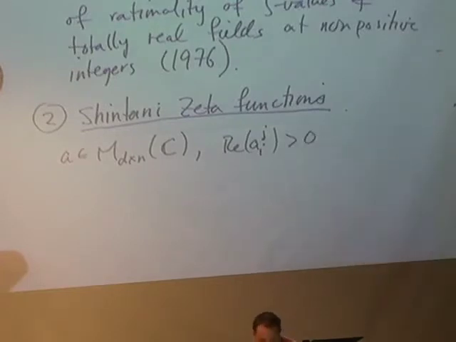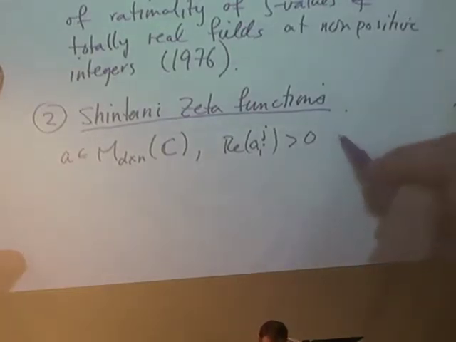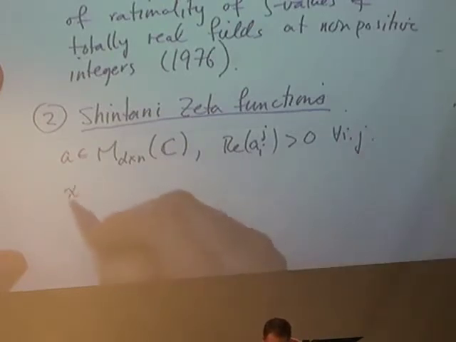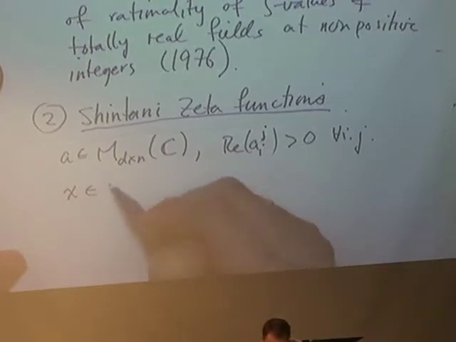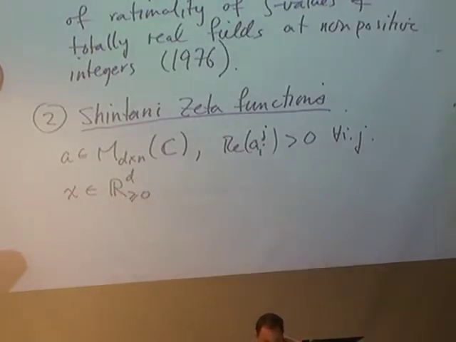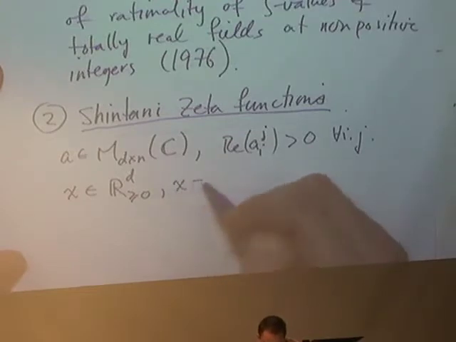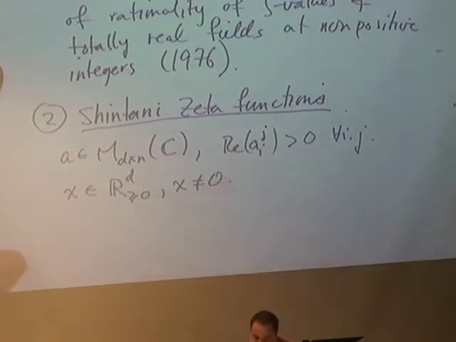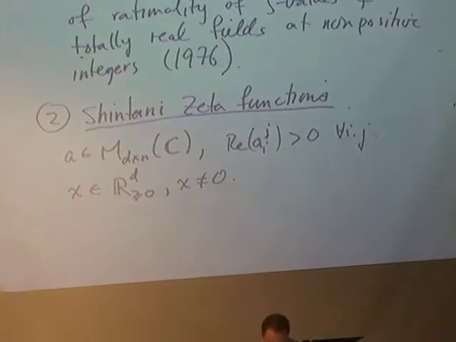And I want the real part of all the entries to be strictly positive. This is essential for every i and j, and we'll take x to be a vector in R^d consisting of non-negative entries with the proviso that I'm not taking the 0 vector.